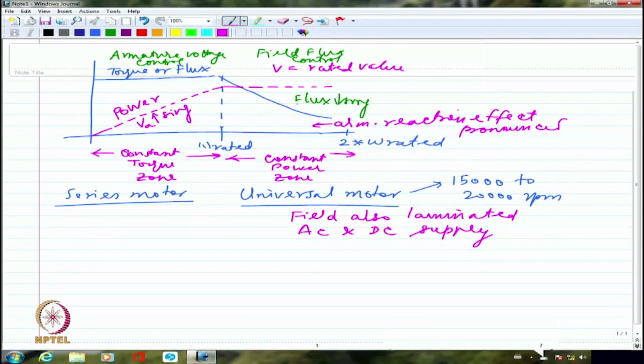There also you would be able to see that armature resistance control is probably used for very, very small rated motors, because as it is, we do not care about efficiency in many of the small rated motors. It may be for toys, it may be for cameras, it may not be for continuous running. Wherever we worry about continuous running kind of application, that's where we worry about efficiency much more.